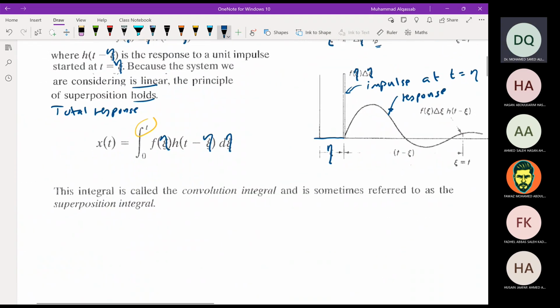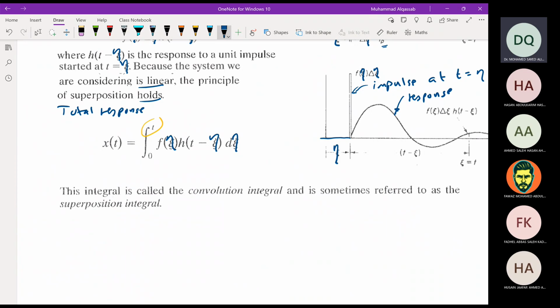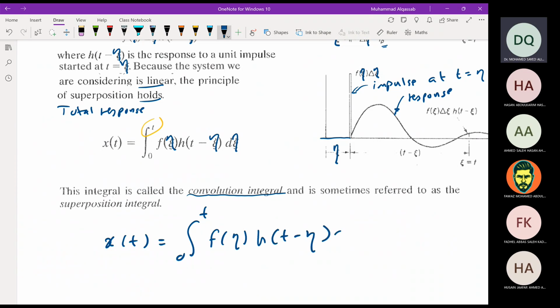This is the integral that will give you the total response, and this is called the convolution integral, or sometimes referred to as the superposition integral. So let me just write it: x of t equal to integration from 0 to t of f of eta h of t minus eta d eta.